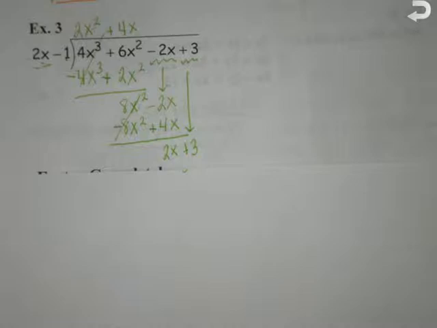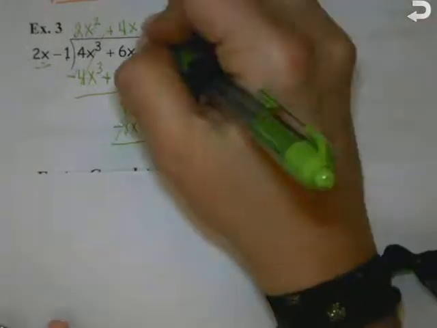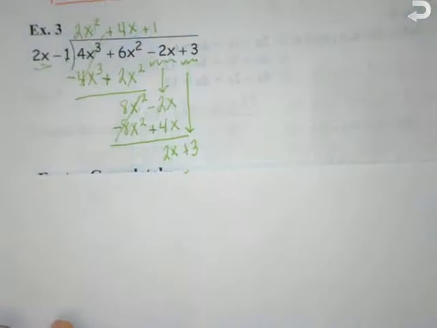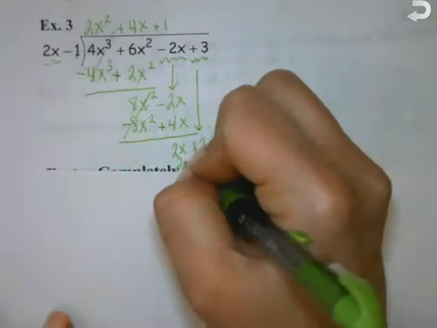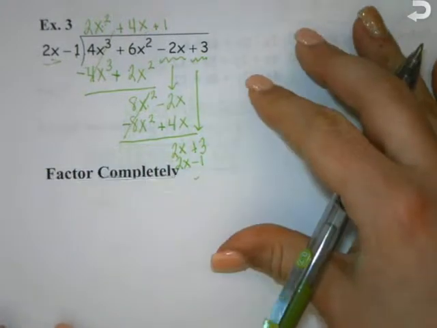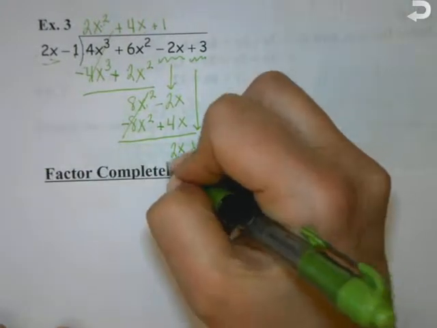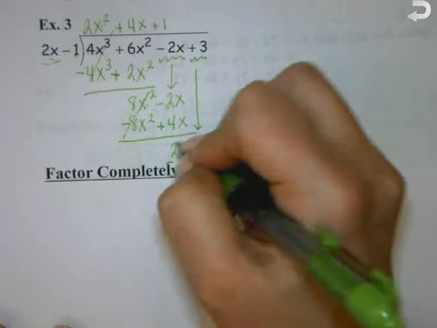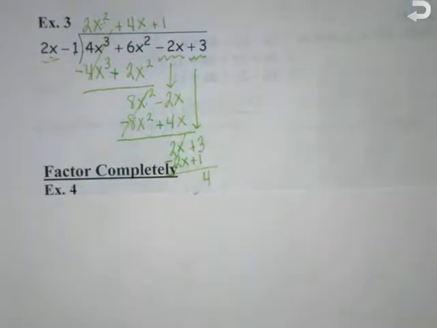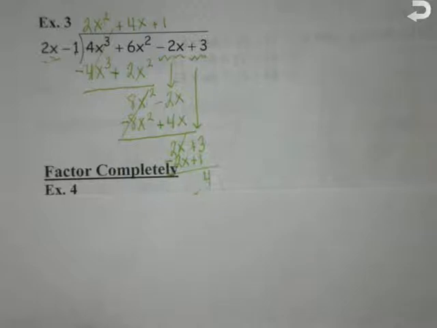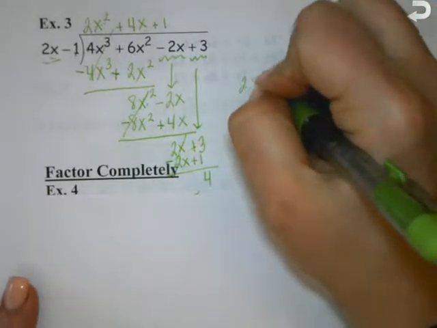Guys, 2x times what is going to give me 2x? 2x times 1. So put a plus 1. 1 times 2x minus 1 is going to give me 2x minus 1. When we change the signs, we are left with a remainder of 4. What do you do with your remainders? You put it over the outside.